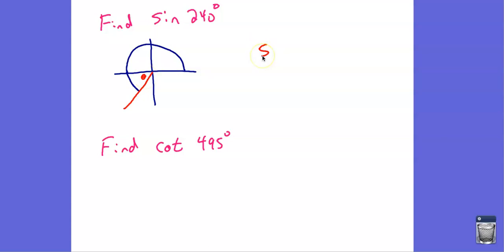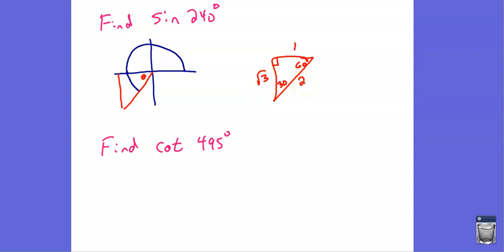So literally I'm finding the sine of 60 degrees. Think of a triangle that's 60 degrees. This is the right angle, this is the 30 degree angle. If you label this, that's 1, square root of 3, and 2.